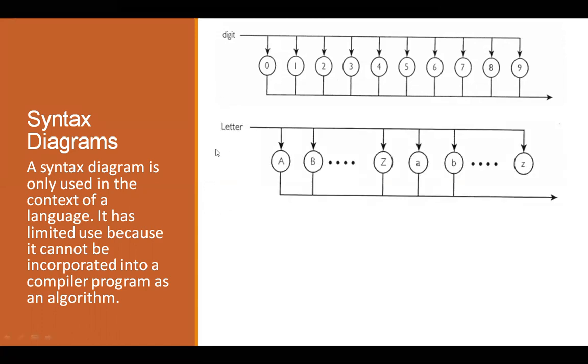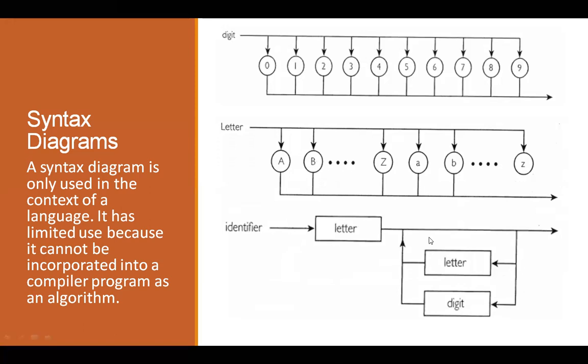Then we have a letter. Due to the limited space the diagram is squeezed into, a letter can be defined as all the letters from capital A to Z or small a to z. Since they all originate from the same line, a letter can be A or B and so on.